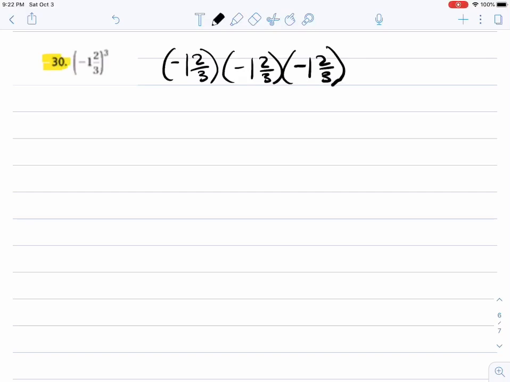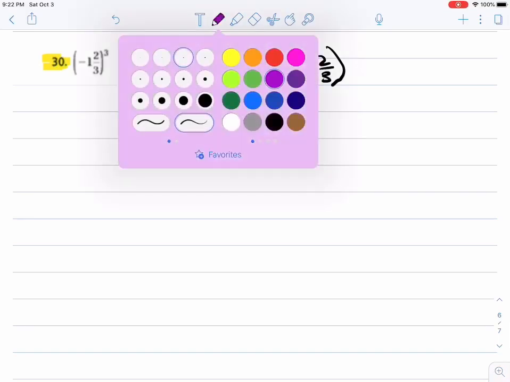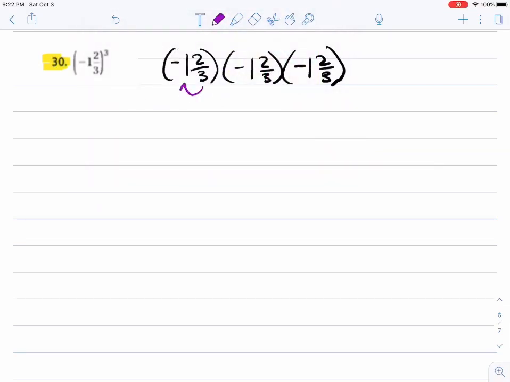And in order to do this multiplication, we're going to want to change this into an improper fraction. Thankfully, we only have to do it one time because these are all the same number. So this is going to turn into 3 times 1 plus 2, all of that over 3, and that equals -5/3.